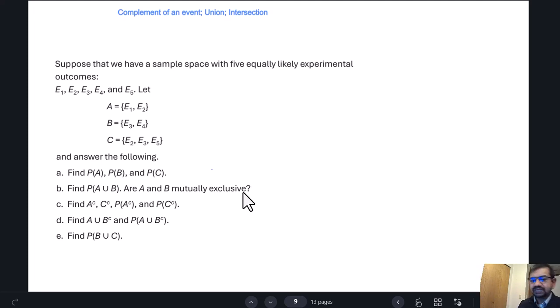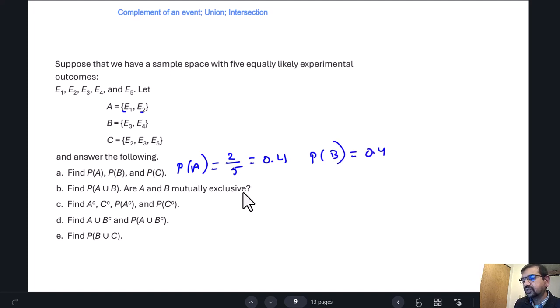So based on these, we will answer some questions. What is the probability of A occurring? And again, B and C will work like that. So the probability of A occurring, A is again our E1 or E2. So we have 2 possibilities out of a possible of 5, 0.4. And then similarly, we can see that B has 2 out of 5. So we'll have B as 0.4.